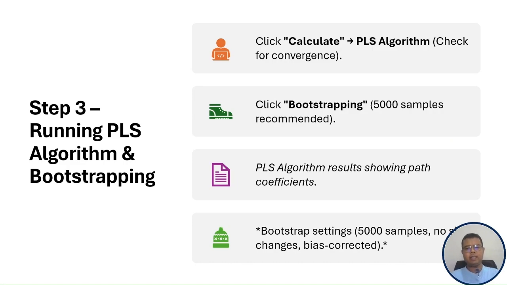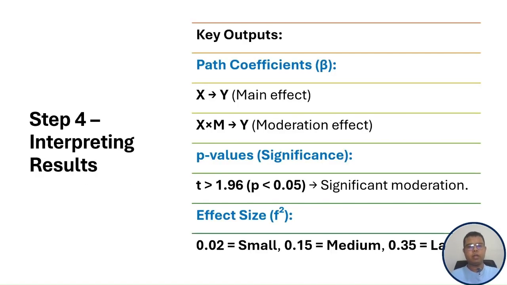It's very easy. There is an option, PLS algorithm. We can click here and we will get some results. There are other options; if you saw the previous video, you know the PLS algorithm and bootstrapping.